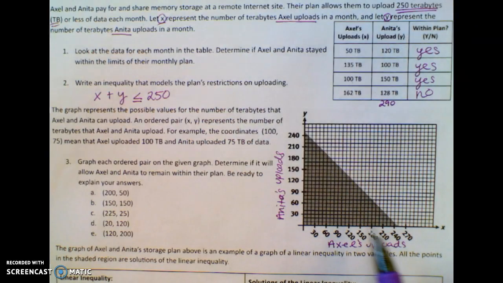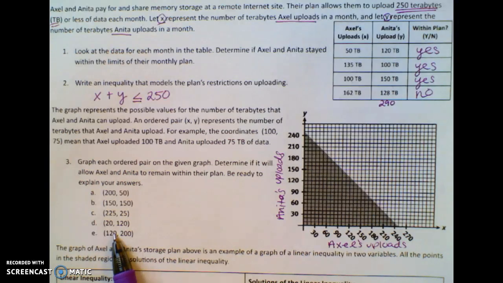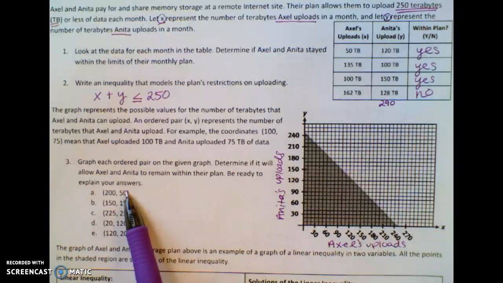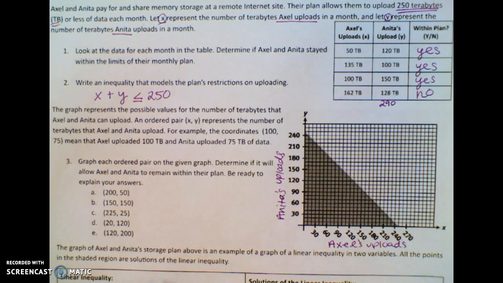So what we want to know is, based on this graph, the shaded region of the graph, we want to see if each of these ordered pairs fall in there. So we are going to graph each of the ordered pairs and tell whether or not they make it into their plan, whether or not Axel and Anita stay within their plan. So if we go to the ordered pair 200, 50, let's look at that.